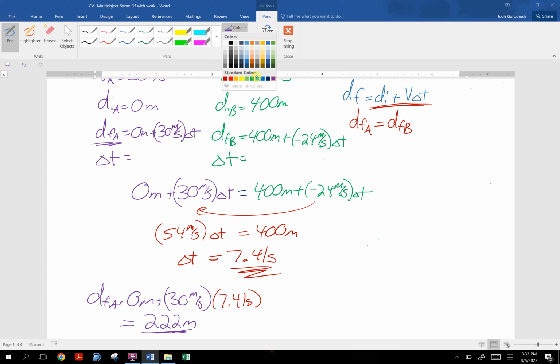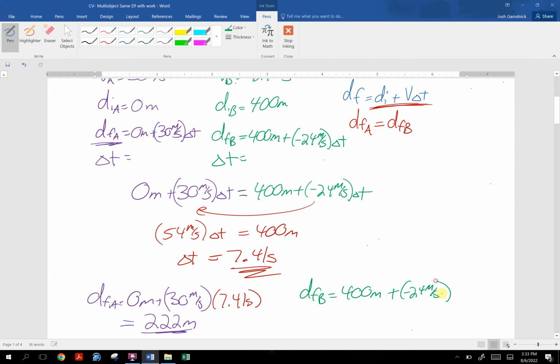You could stop here if you want. I mean, if you want, but I want to know if I'm right. And to do that, I'm going to solve for the final position of B, which is 400 meters plus negative 24 meters per second times the time that we found. We being me, but I feel like you're here with me.